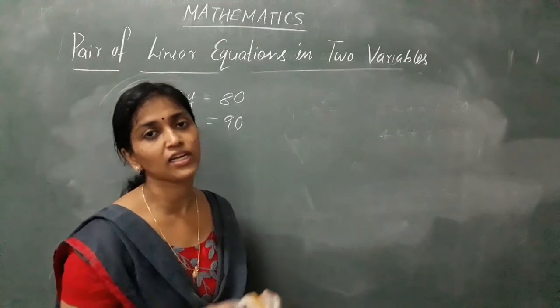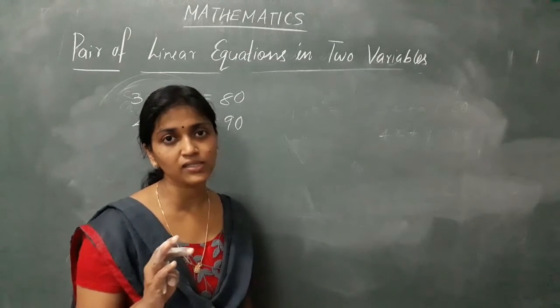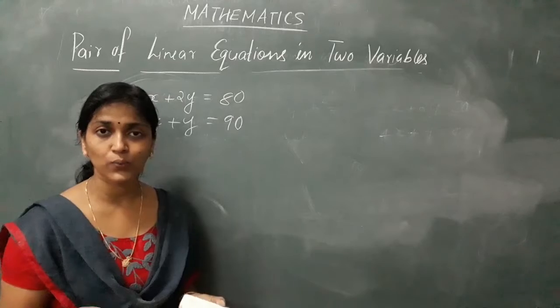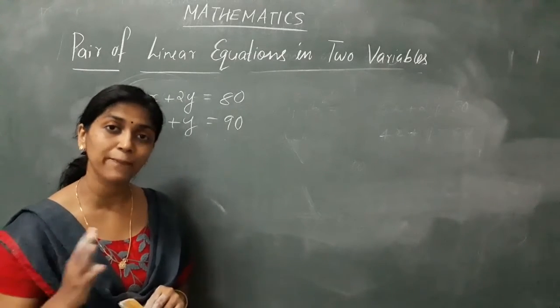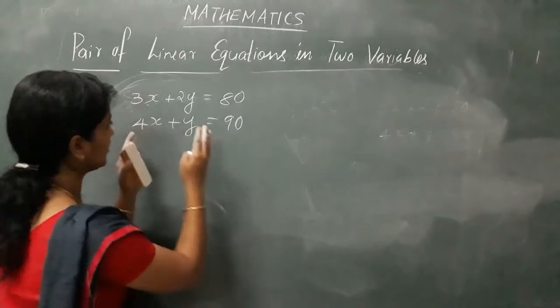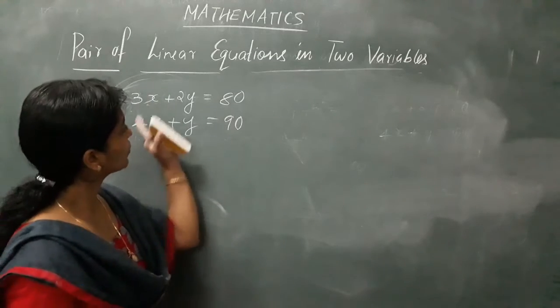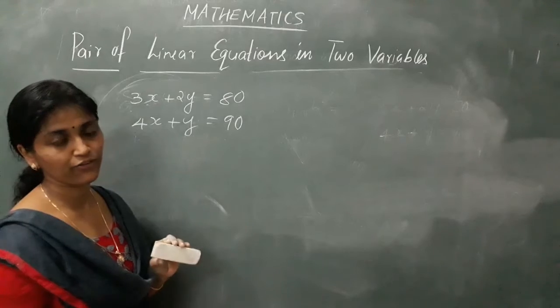That is its geometrical form. So geometrical form of linear equations means we have to draw its graph and see whether they are intersecting, parallel, or coincident. Here this is our algebraic form, which we already found from the given conditions. Now we have to find its geometrical form.